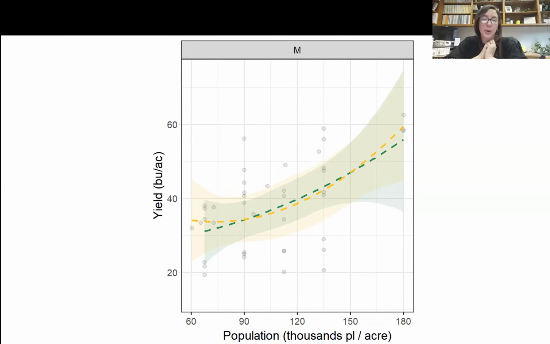Something I do not agree with regarding the previous information is that difference between narrow and wide rows. What you can see here is that these two lines are basically overlapping. We did not see any difference between narrow and wide rows in this information.